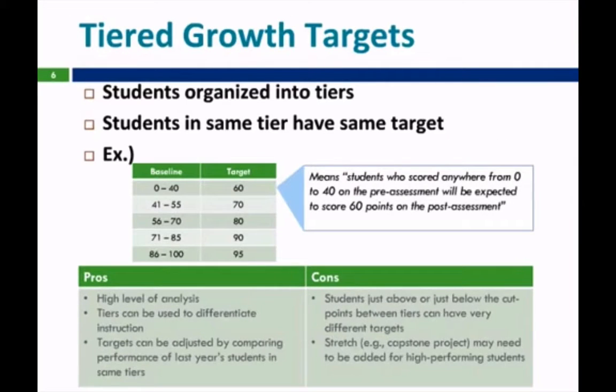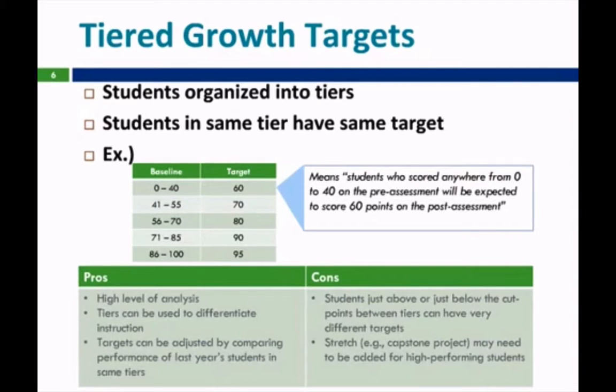Okay, tiered growth targets. In tiered growth targets, students are organized into tiers. Students in the same tier have the same target. So if you administer a baseline assessment, you might look at what the logical cut points are for classifying your students.